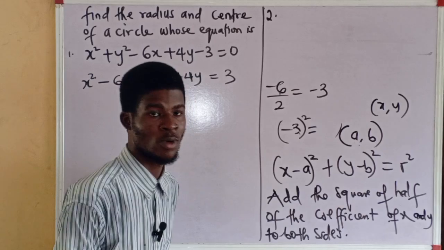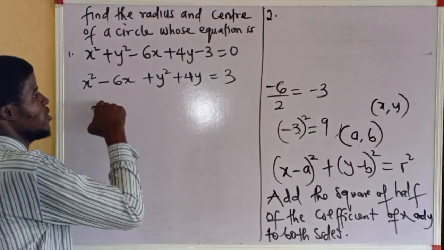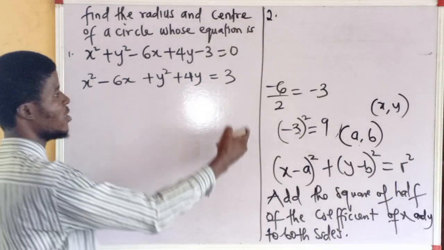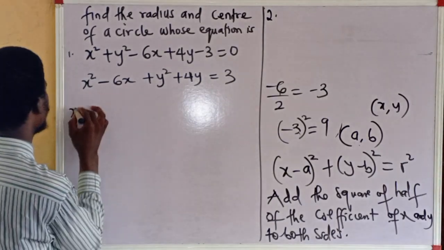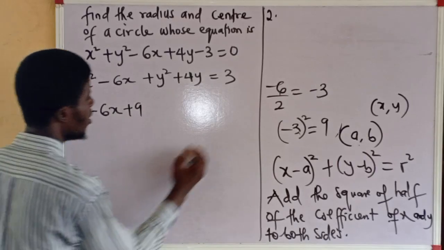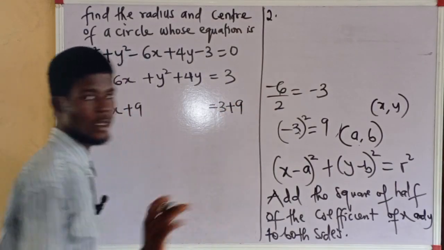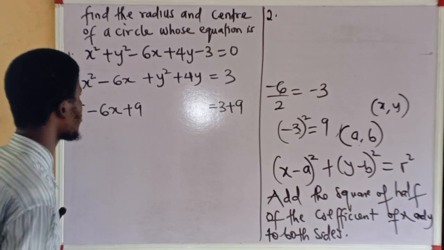And what's minus 3 squared? Positive 9. So I'm going to add 9 to the left hand side and the right hand side. So I have x squared minus 6x plus 9 equal to 3 plus 9. Just keep watching. I'm not done.